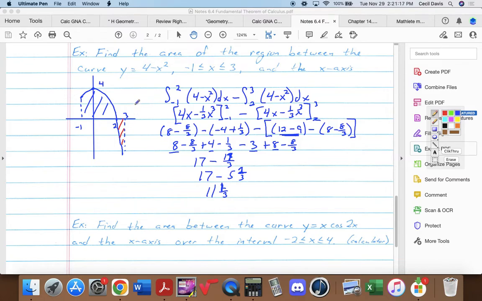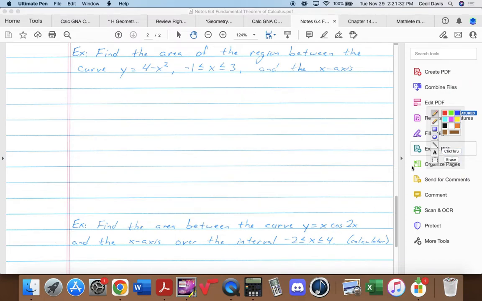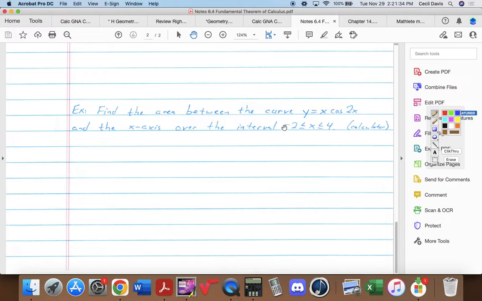Notice, if we could somehow do the absolute value of this function, my graph would look like this, and I could just do the integral, right? We're going to take advantage of that idea on this next one. Find the area between the curve y equals x cosine 2x and the x-axis over this interval, and you're allowed to use a calculator.